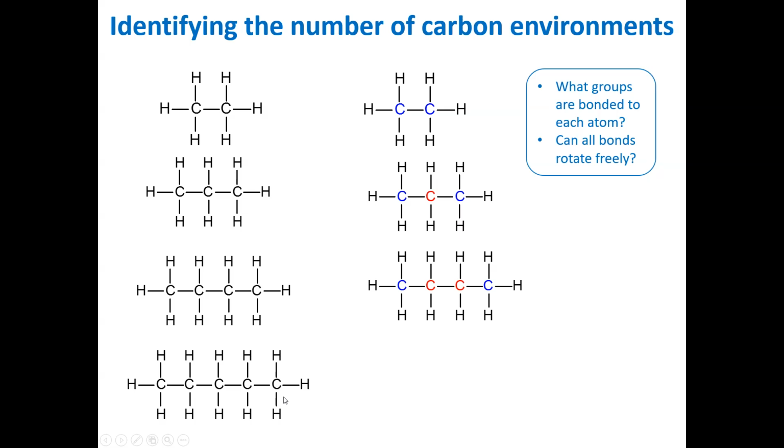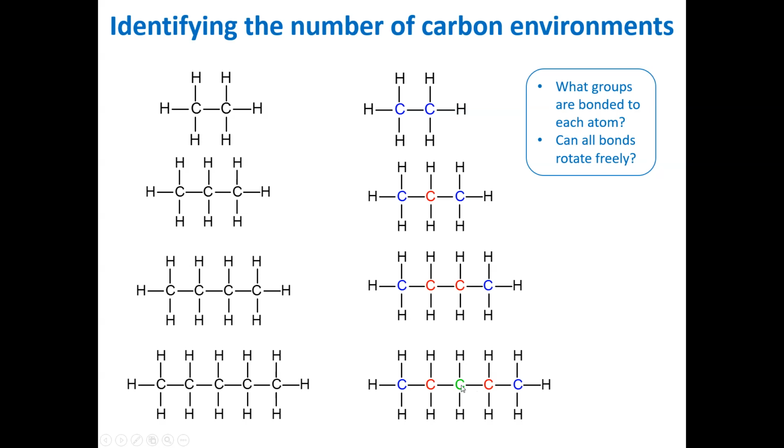If I go to pentane, how many environments do you think? Hopefully you came up with 3: the 2 end ones, 3 hydrogens and a butyl. The one in from each end is 2 hydrogens, a methyl, and a propyl, and the one in the middle is 2 hydrogens and 2 ethyls. So there are 3 carbon environments.